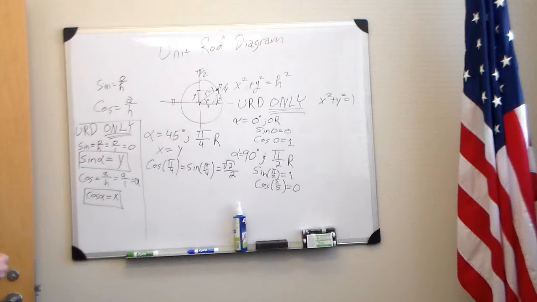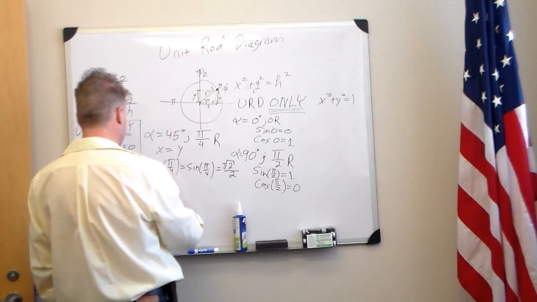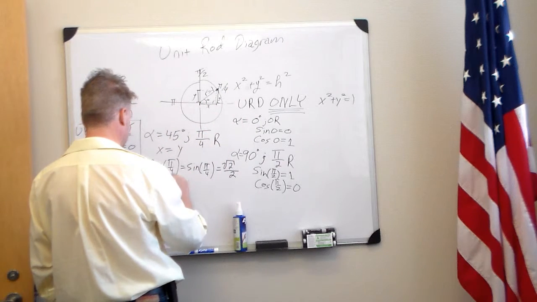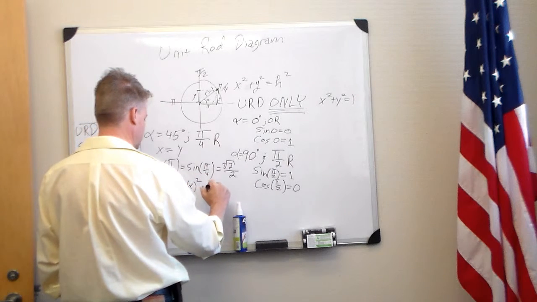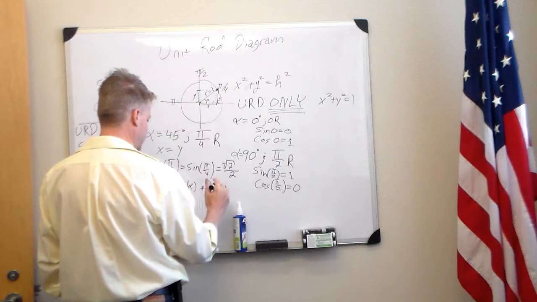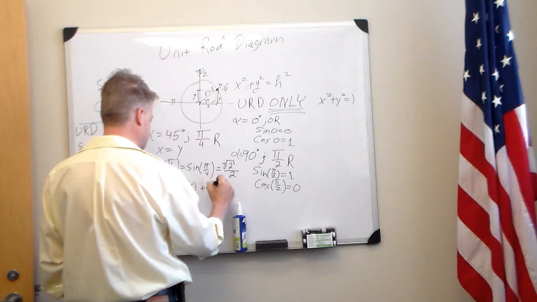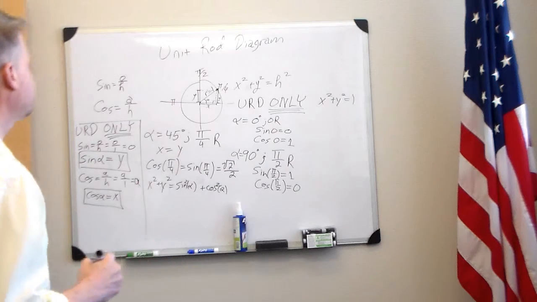Well, if sine of alpha equals y, and cosine of alpha equals x, that means sine squared of alpha is y squared, and cosine squared of alpha is x squared. Notice I moved that 2. There's a reason for this.